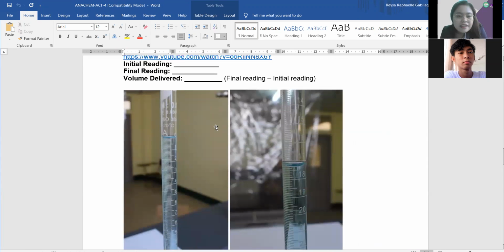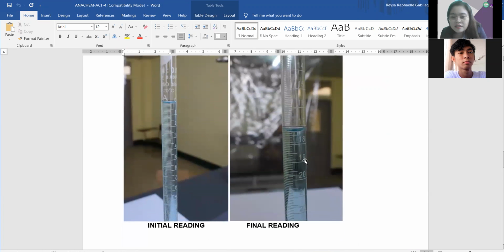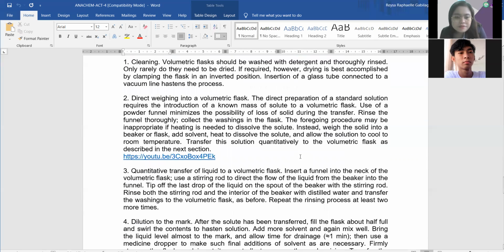You have to apply that and try to read the volume for the burette filled with sample. So we actually did this in the laboratory. We teachers did this and just took pictures for you to answer.